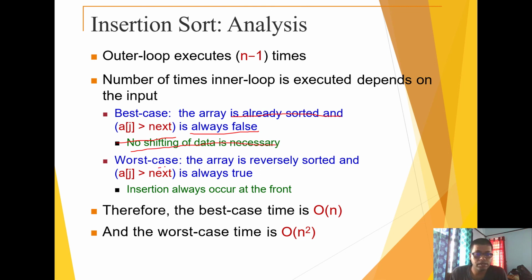The worst case is when the array is reverse sorted, so a[j] greater than next is always true and insertion always occurs at the front. Therefore the best case time is order of n, and the worst case time is order of n square. These are the analysis of insertion sort.